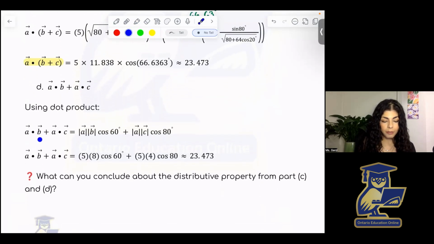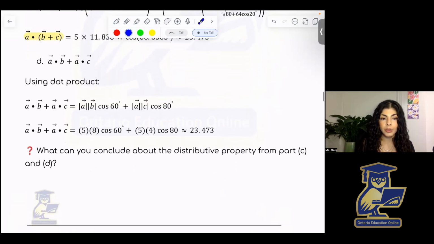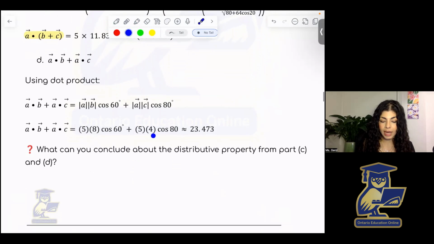So here I will find A dot B, so what we found above. And then here we're finding the dot product of A and C. And now is where I have to consider that 80-degree angle, which is formed between A and C. And so here you will end up with these two values. And if you calculate them, you actually do also get 23.473.